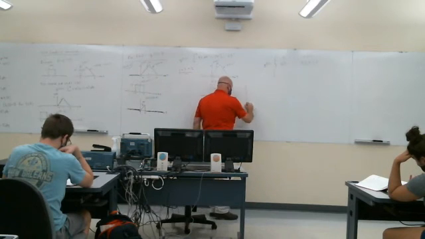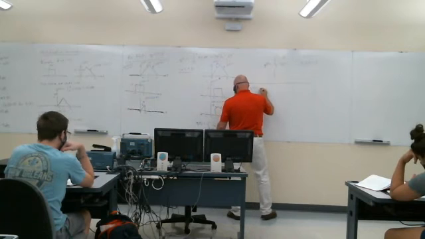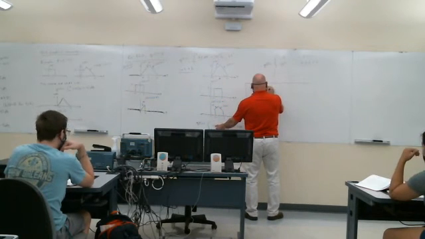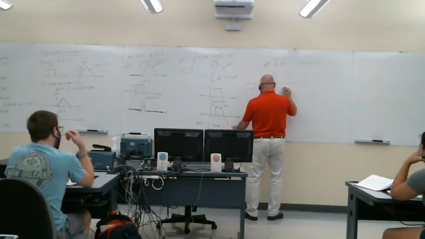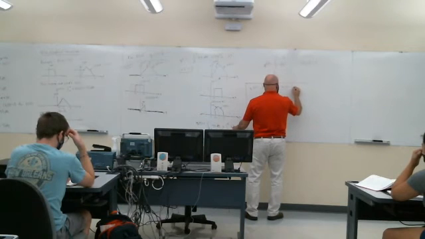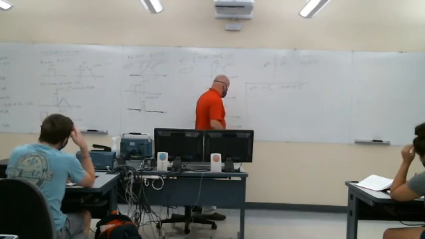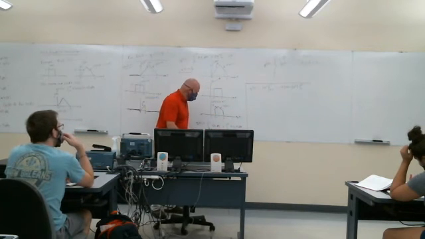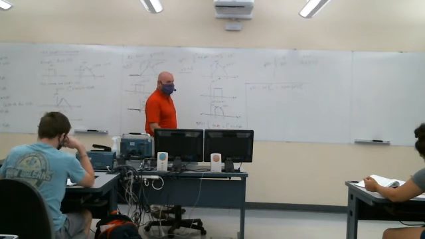I'll have y of t here. This is 2 tau squared evaluated at t minus 1 and 1, plus 2 tau minus 1/2 tau squared at 1 and t. Did I do that right? Does that look okay?